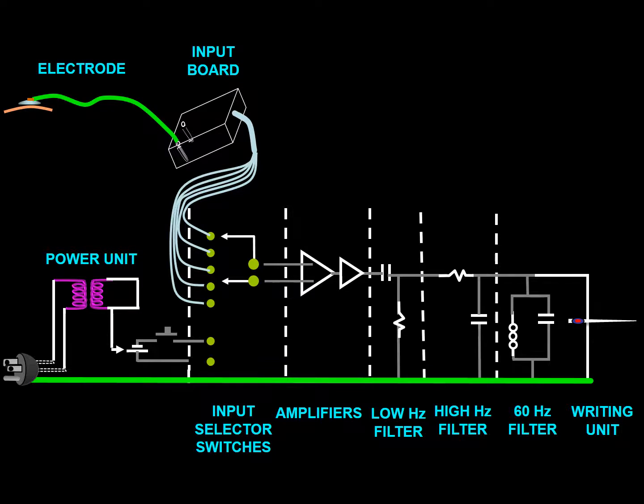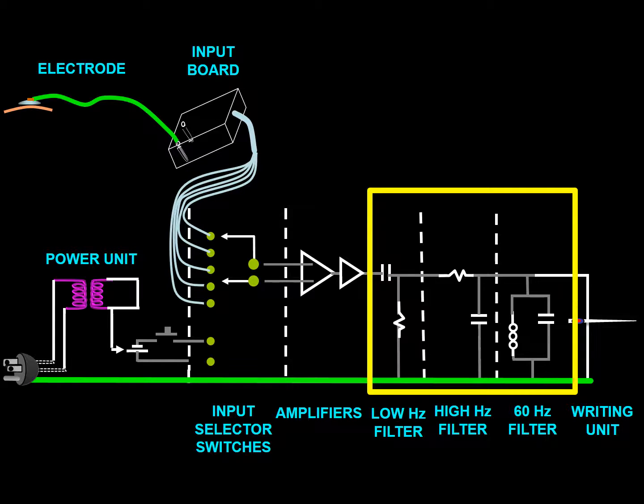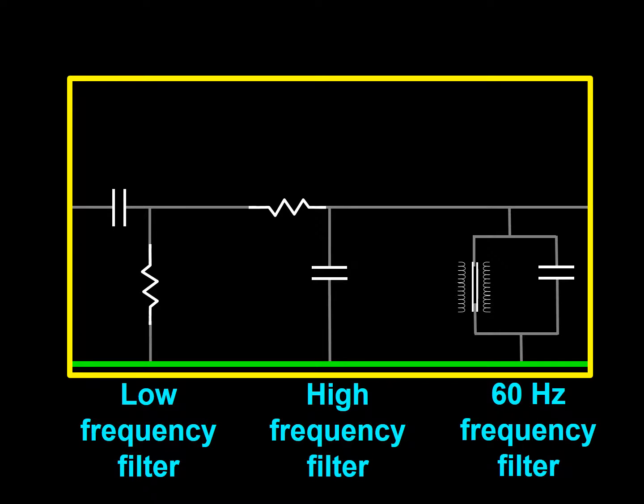A good place to start talking about classical analog filters is to look at the schematic representation of an old EEG machine. Enclosed in the yellow box are three structures. They are pictorial representations of different types of classical analog filters.